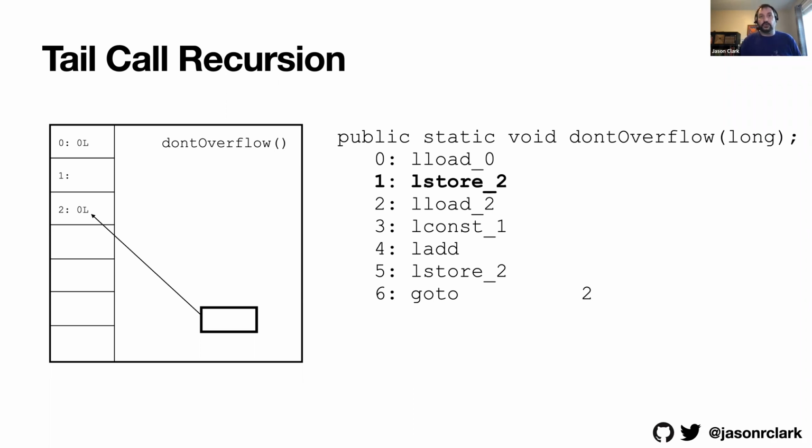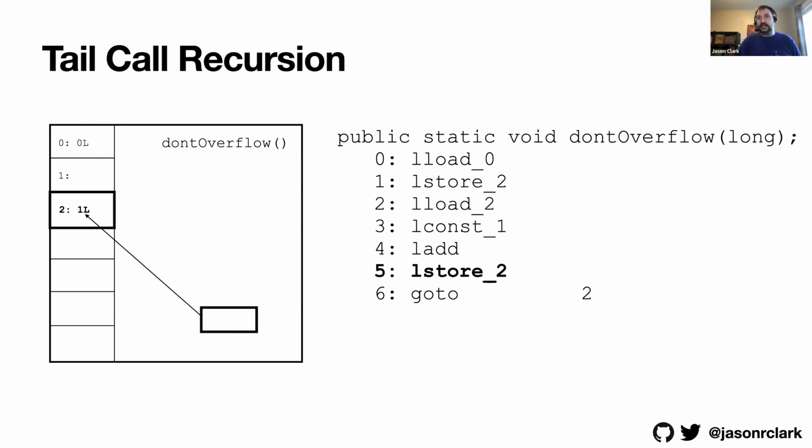That probably could have been shown a little better in the diagram. Once we've got that into location number 2, we load the value back from it. We add 1 by pushing the constant 1 and then doing the add. Then we store that value into that same local that we had done previously.